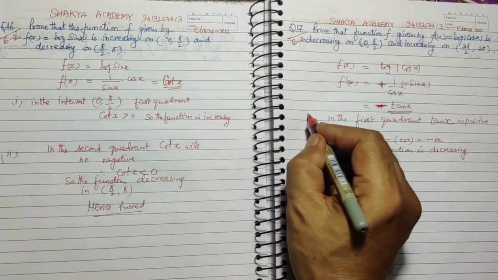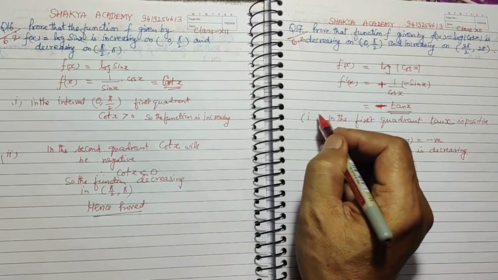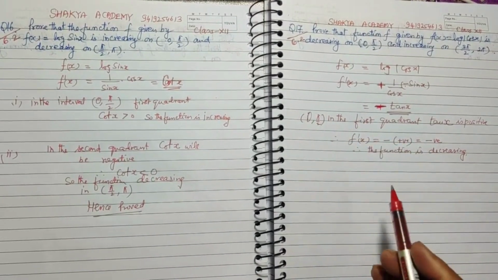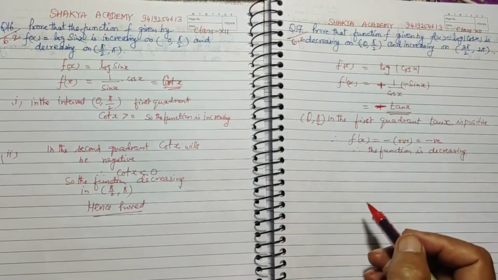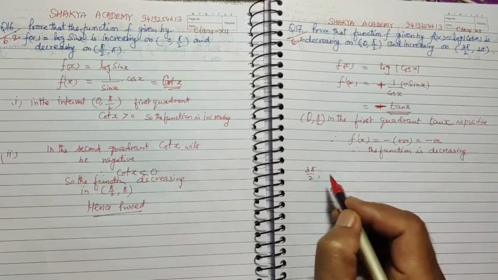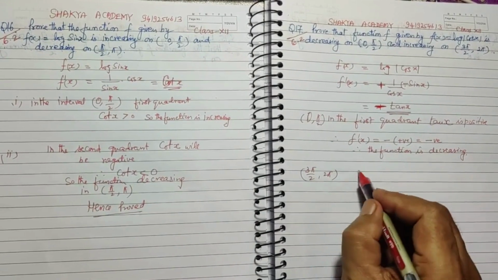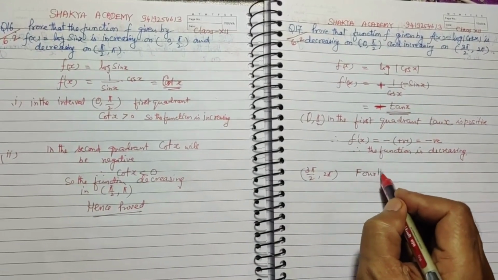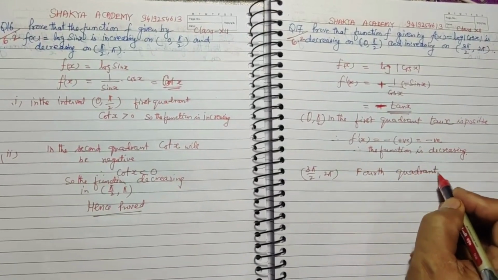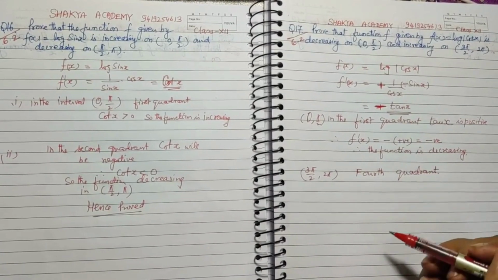Now for the second part, the first interval was 0, pi by 2. For the next interval, 3 pi by 2, 2 pi, this is the fourth quadrant. In the fourth quadrant, tan x will be negative.